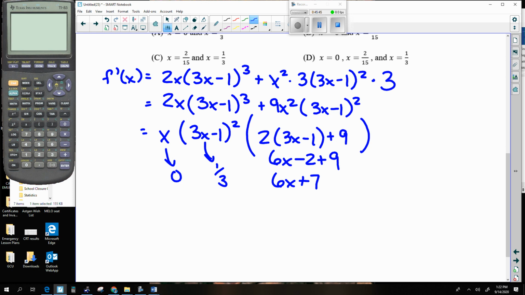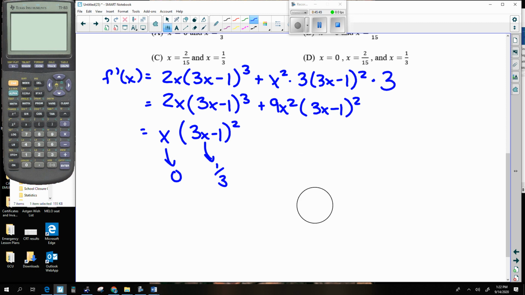No, I only took out one x. So x, which leaves us 2. I have to just back up. If I GCF'd that out, I didn't quite get it correct. 2 times 3x minus 1, and then a 9x.